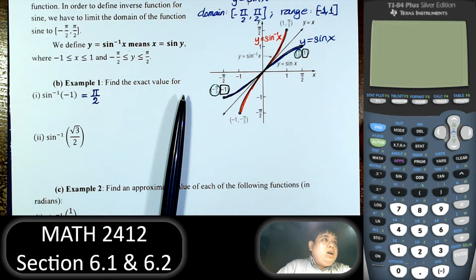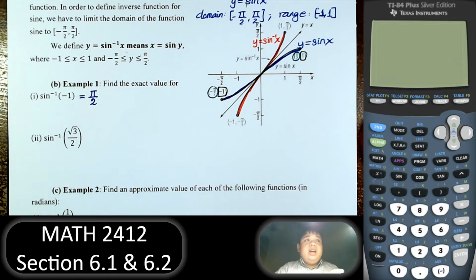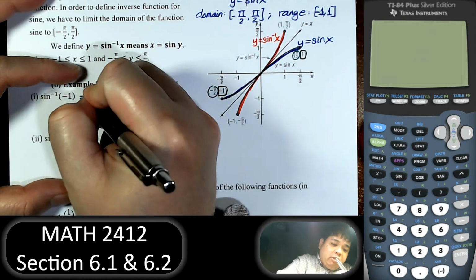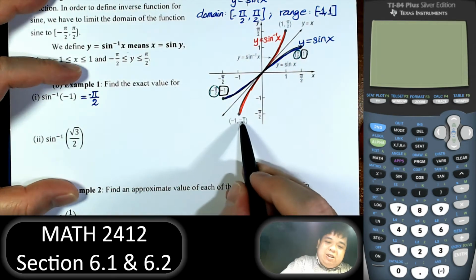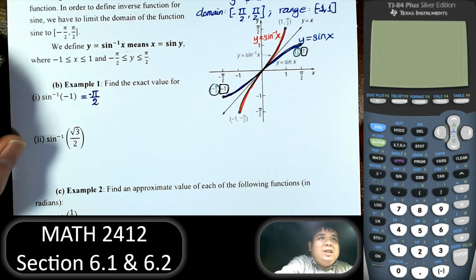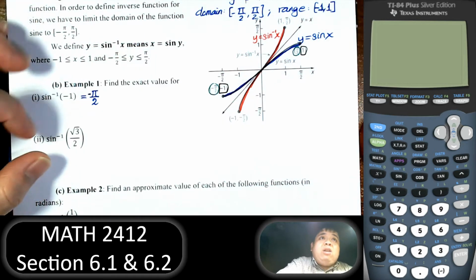And then when we type sine inverse of negative 1, it gives us negative 90 degrees, or negative pi over 2.